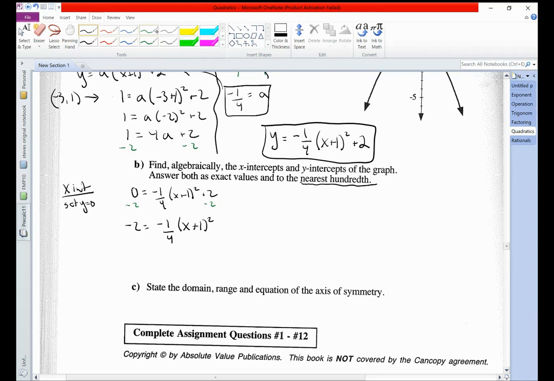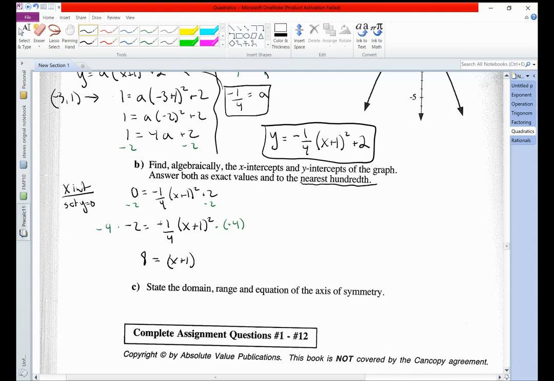And then we can multiply both sides by negative 4, and that's going to get rid of this negative here. And when we multiply this side by negative 4, we are going to get positive 8 is equal to (x + 1)^2.